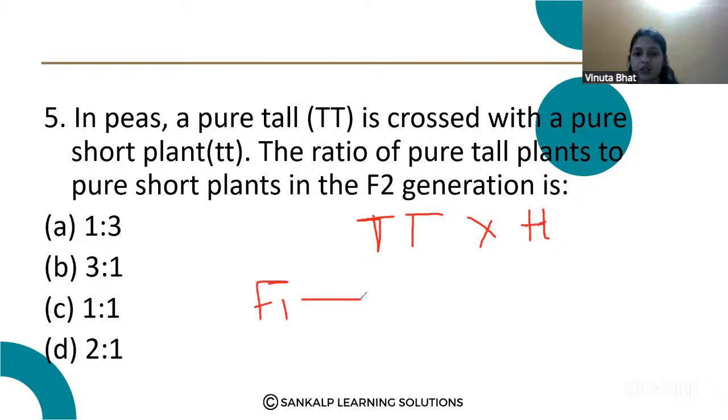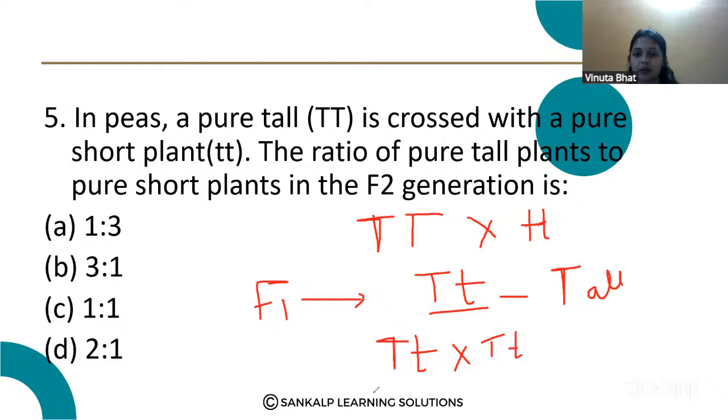the F1 generation plants will all have capital T, small t genes, and all plants were tall. But in the F2 generation, these F1 plants, capital T small t and capital T small t, are crossed.